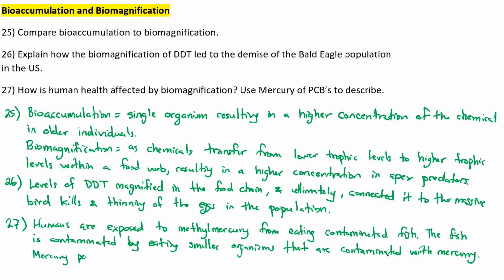Mercury persists in the system, thus magnifying as it travels up the food chain.